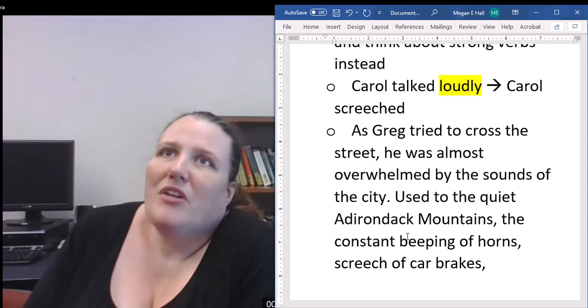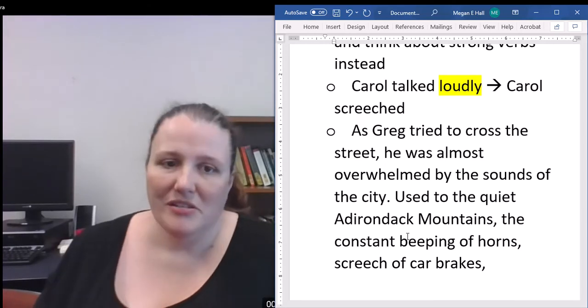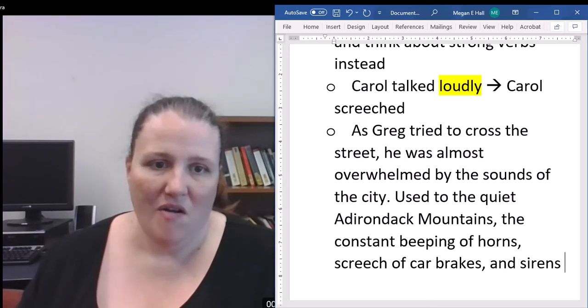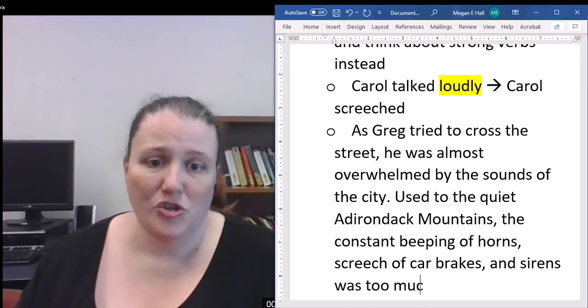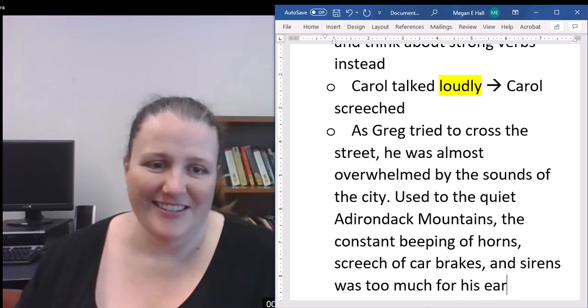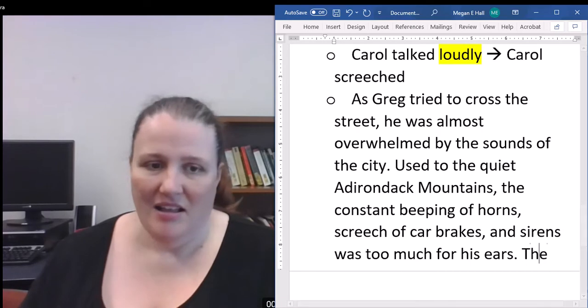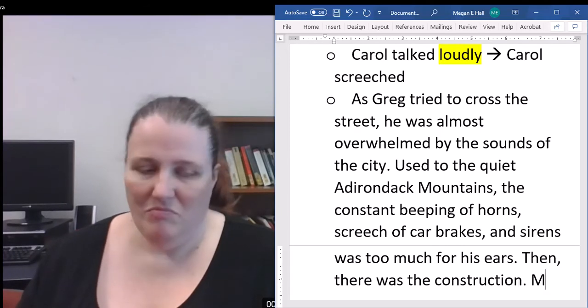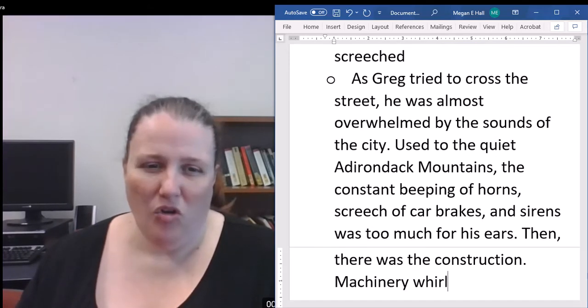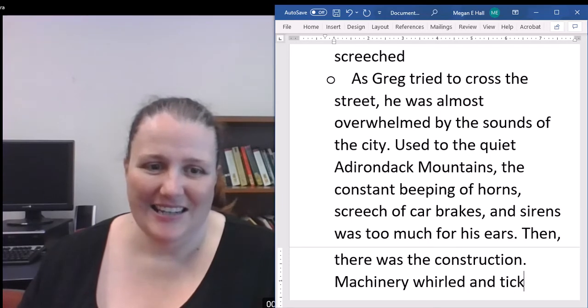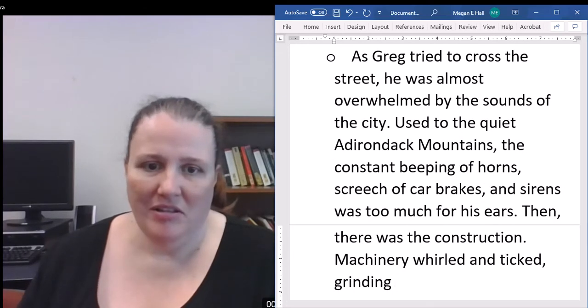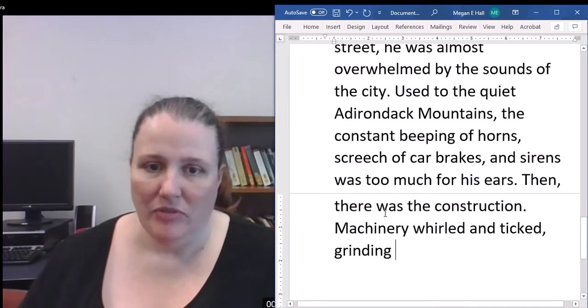What else would we have there on a street? Sirens, maybe. And sirens were too much for his ears. Then there was the construction. Machinery whirled and ticked, grinding, and then let's add a little bit of a simile.